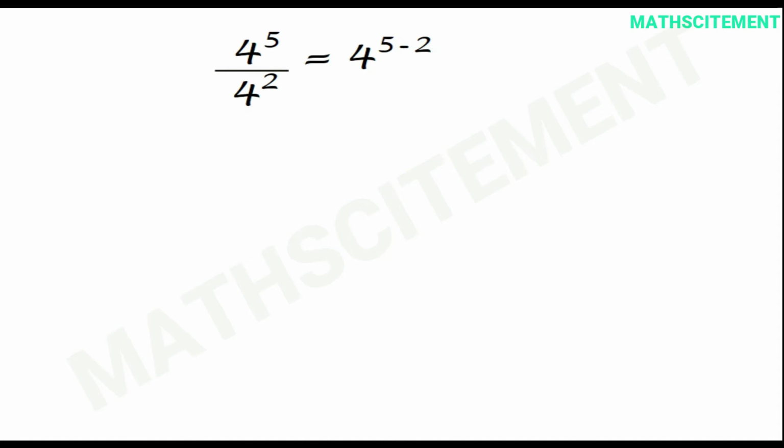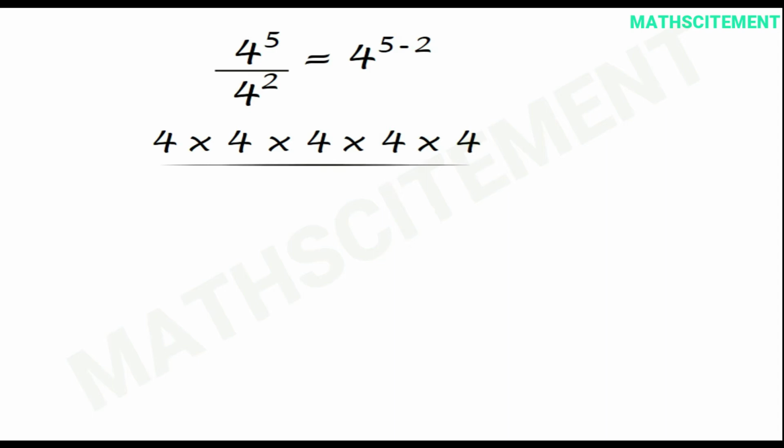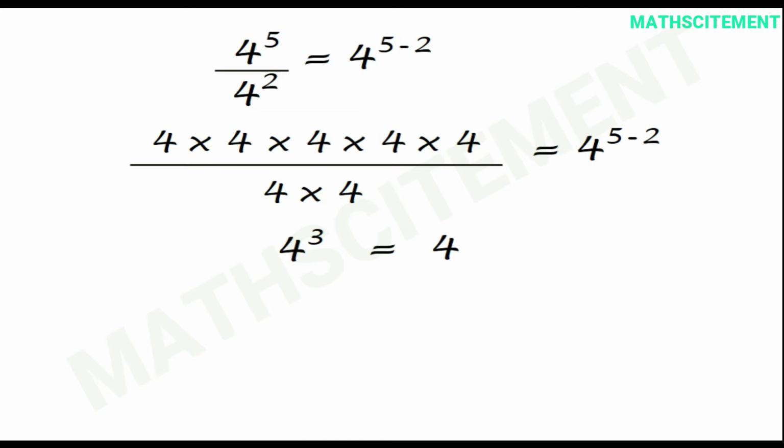Let's understand why. 4 to the power of 5 means 4 multiplied by itself 5 times, divided by 4 into 4, and the right hand side will remain as is. 2 4s in the numerator are divided by the 2 4s in the denominator. We are left with 4 to the power of 3, which is equal to 4 to the power of 5 minus 2.